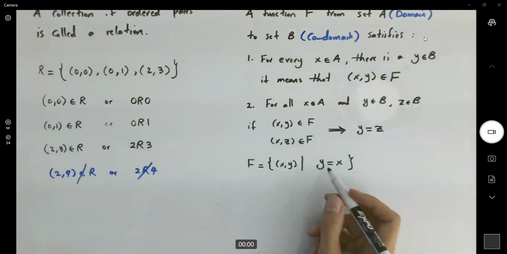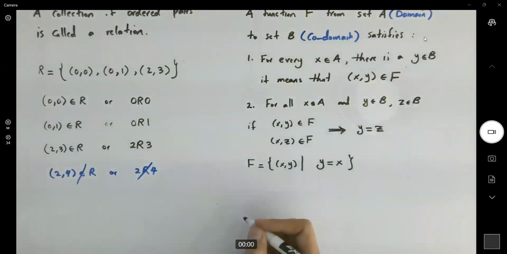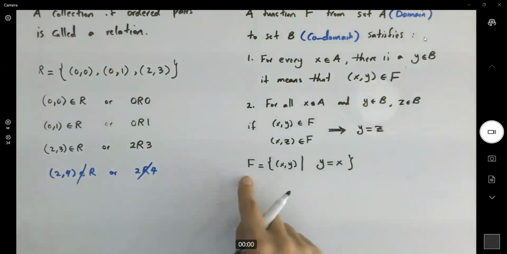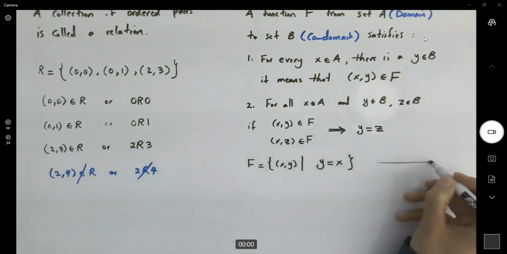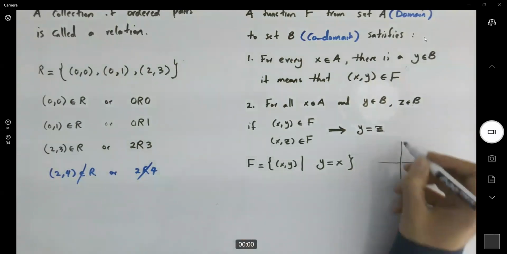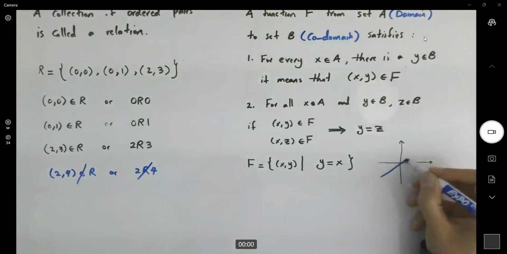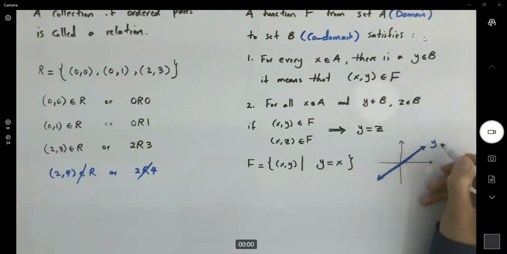Well, in that case, you can say that, hey, I have some points that are connected together, that are related together for this function. For example, we all know that this function behaves like this. If you think about the domain as a real line, this is your function f, y equals x.